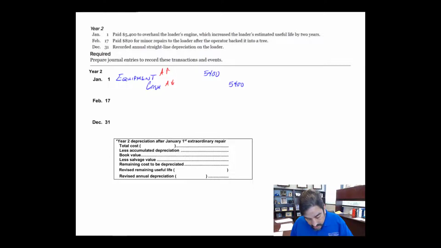So this is just expensed. Repair expense is probably what this is. Sometimes it's called repair and maintenance expense for the $820. And again, it didn't say, so I'm just going to assume we paid cash. Repair expense is an expense account that we're increasing. That's why it's a debit. Cash is an asset account that we're decreasing. That's why it's a credit.